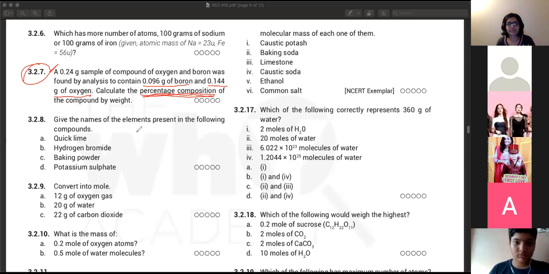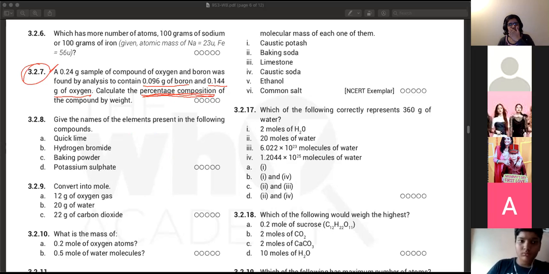Ma'am, we will multiply the mass by 100. No. So 0.096 into 100, or 0.24 into 100? Yes. No, that is not how you would go about it.